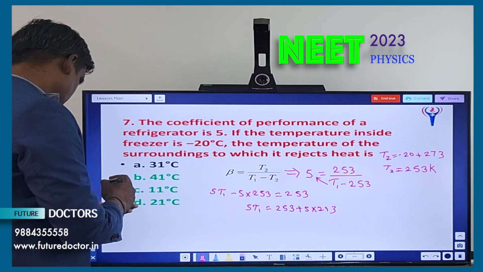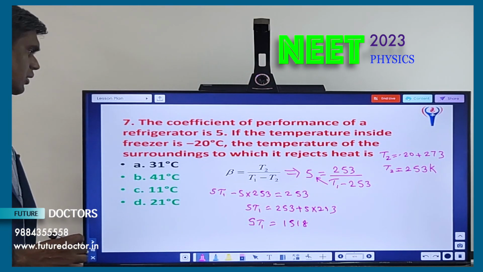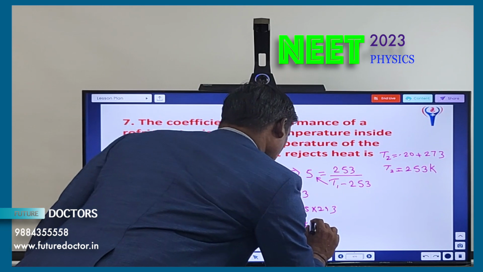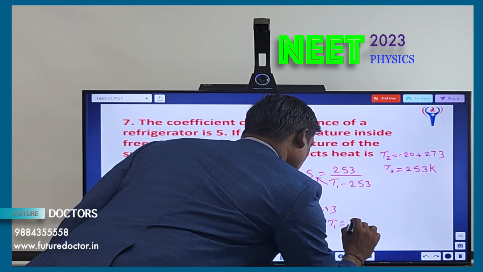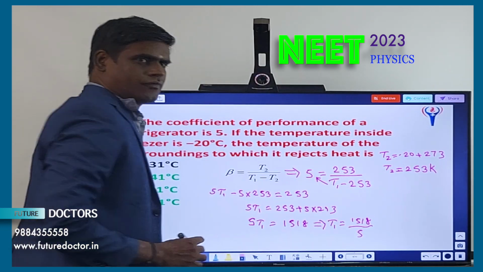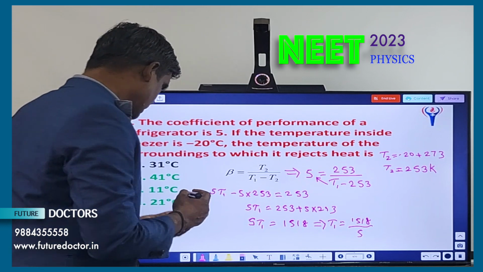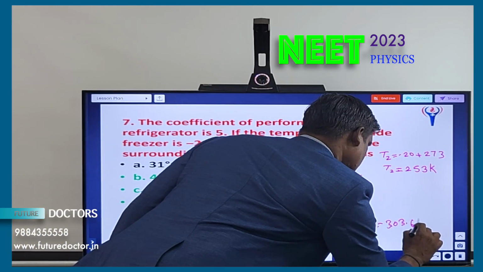Then 5T1 equal to 1518. From this, T1 equal to 1518 by 5. The answer you will get is 303.6, that is in Kelvin.